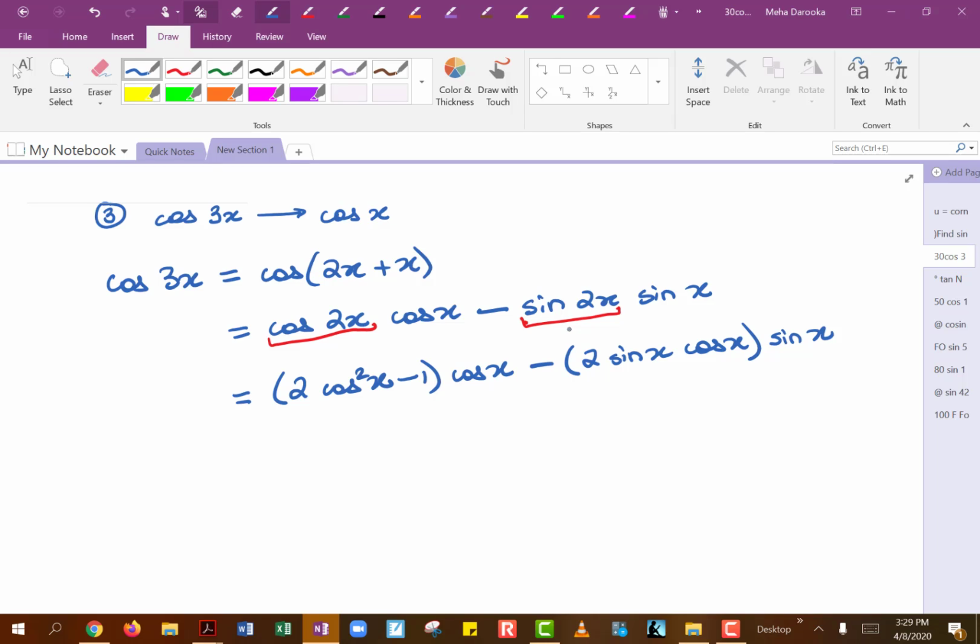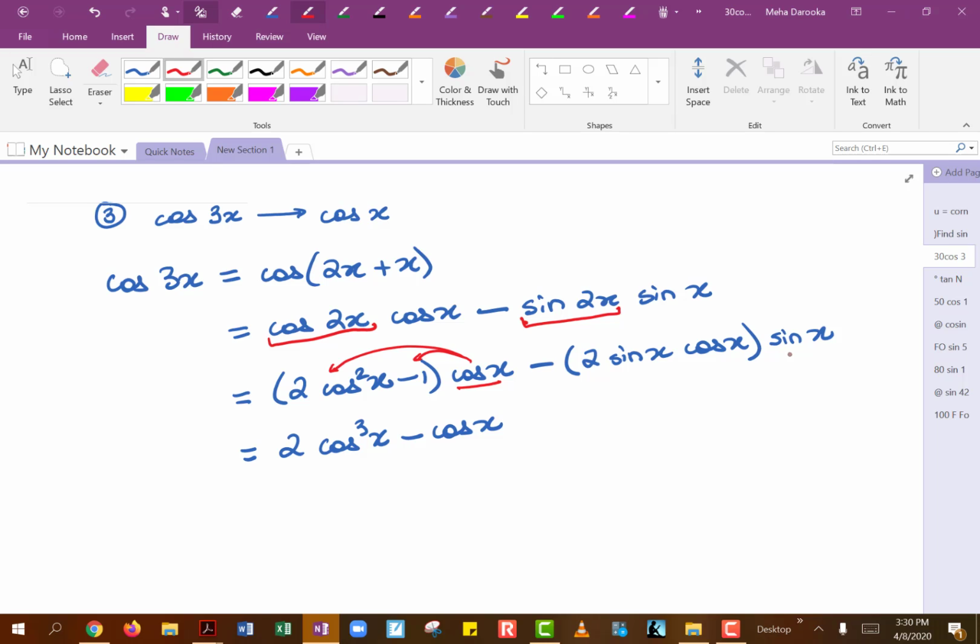Now what we're going to do is take this cosine of x and distribute it inside our parentheses. That will give us 2 times cosine to the second power multiplied with cosine of x, so that will become cosine to the third power, and then negative 1 times cosine of x will be negative cosine of x.